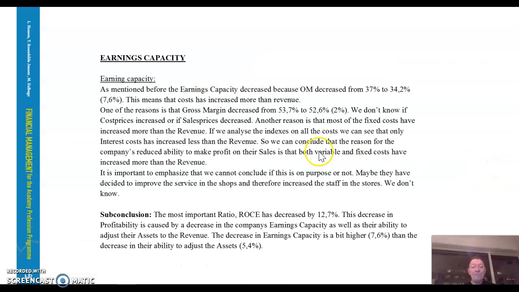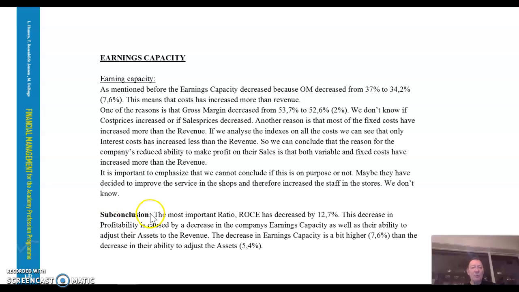So therefore you have a negative effect on your operating margin because of the increasing fixed costs. So now you know what happened to their earnings capacity: a negative effect on the relation between sales and cost of goods sold or variable cost, and a negative effect because the fixed cost increased more than your sales.